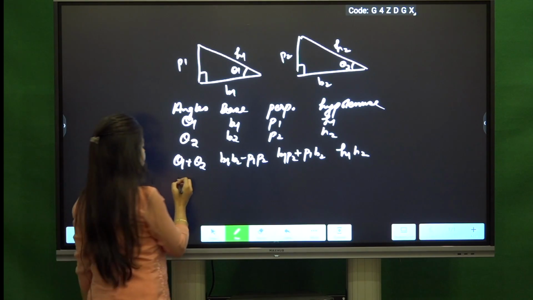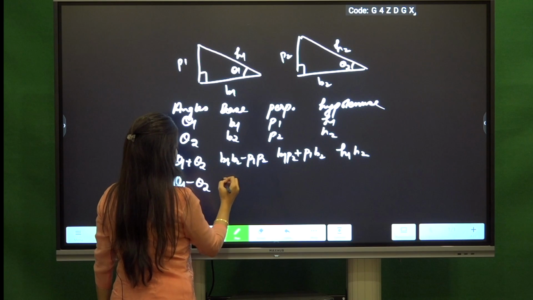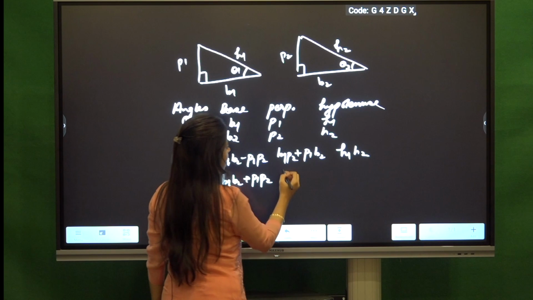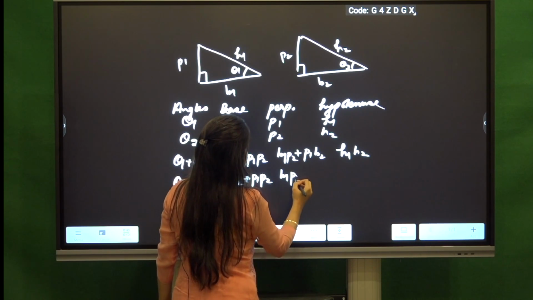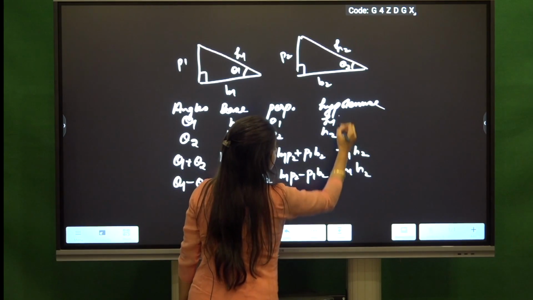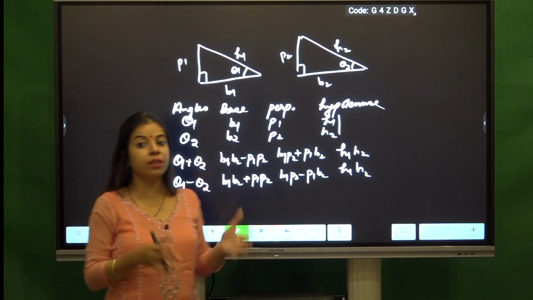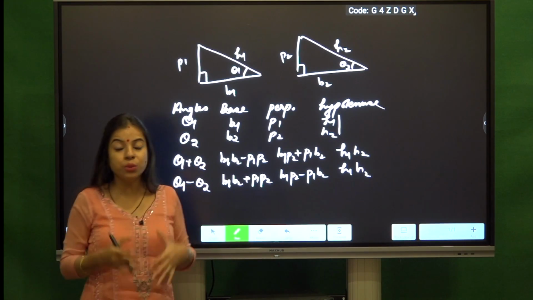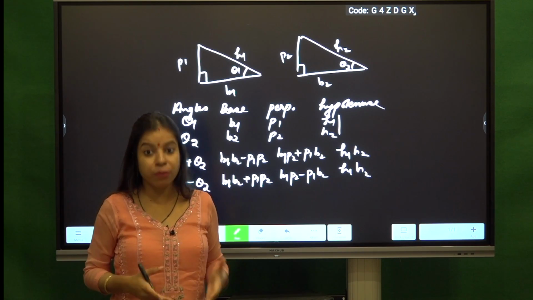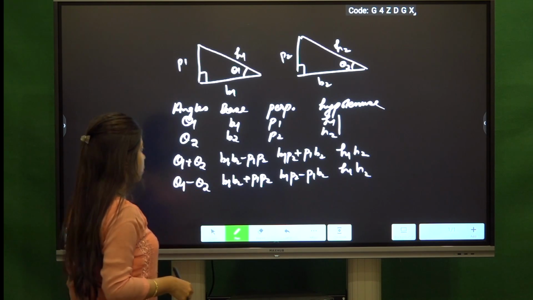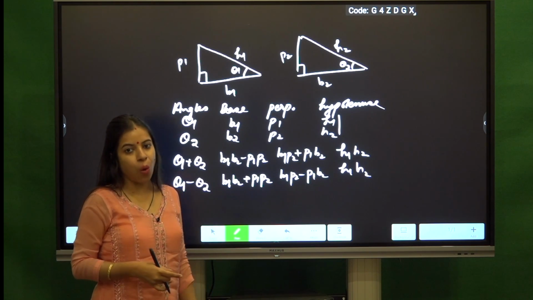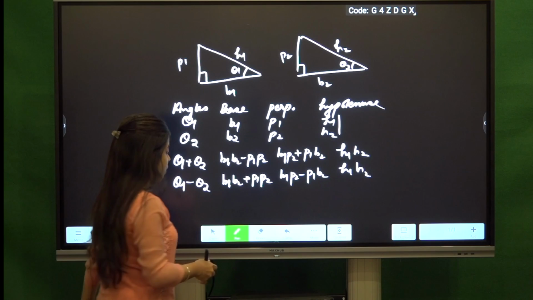For finding theta 1 minus theta 2, we have B1 B2 plus P1 P2, and here it will be B1 P2 minus P1 B2, over H1 H2, vertically. So there is vertically and crosswise. Basically we are using the sutra, the Urdhva Tiryagbhyam technique, which means vertically and crosswise. So using this technique, let us find out the values of some trigonometric ratios.